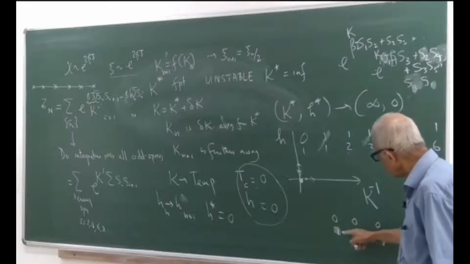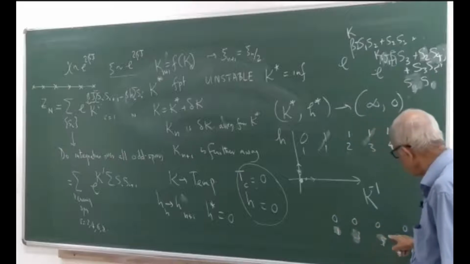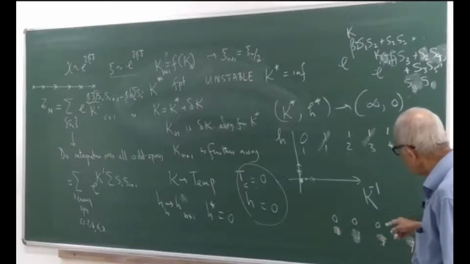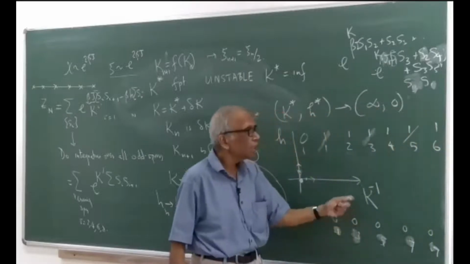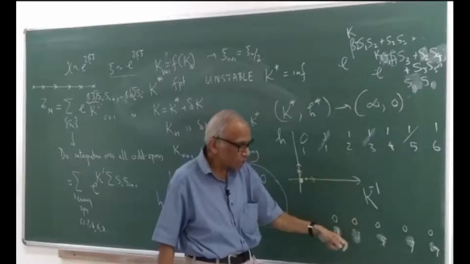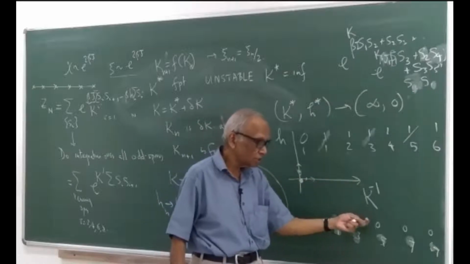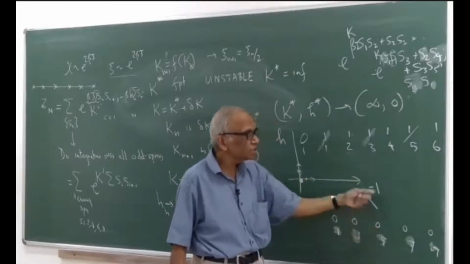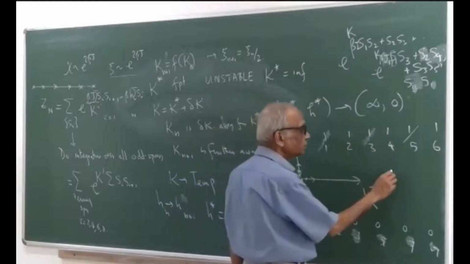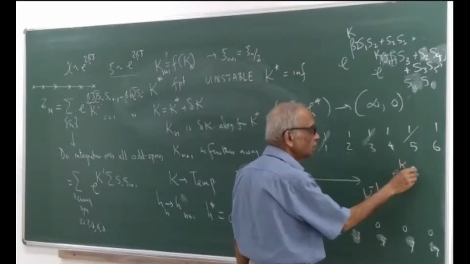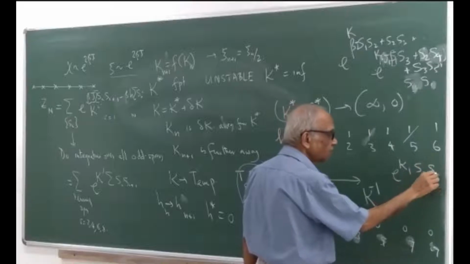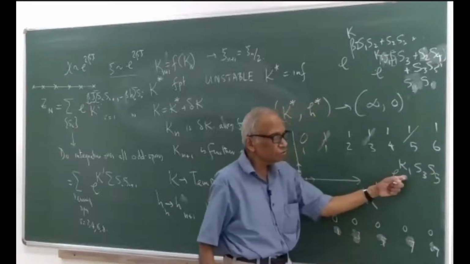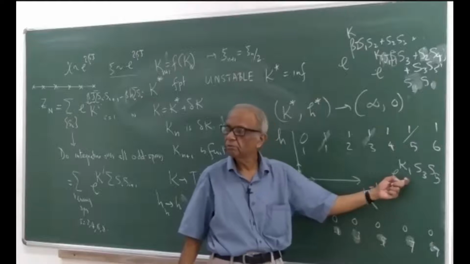Now, with 1, 3, 3, 5, 5, 7, I have the old answer. If I started out with e to the power k1 s3 s5, that is simply not going to be altered.